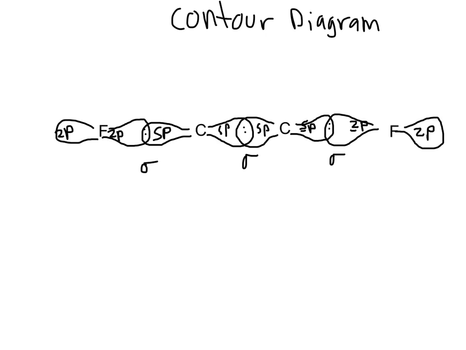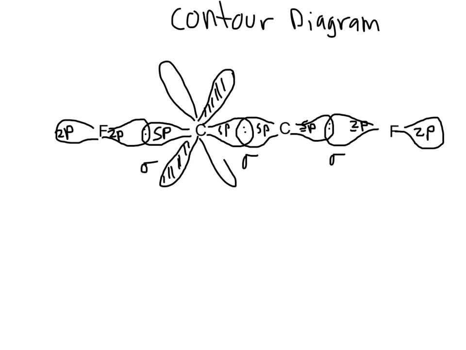And now what we're going to represent are the pi bonds, which are bonding in between the 2 carbon atoms. So I'm going to draw one pi orbital right there. I'm going to color it so it can be distinguished between the others. And then I'm going to draw another one here. On this side, that's the second one. And the same is happening with the other carbon, because these are actually going to bond with each other.